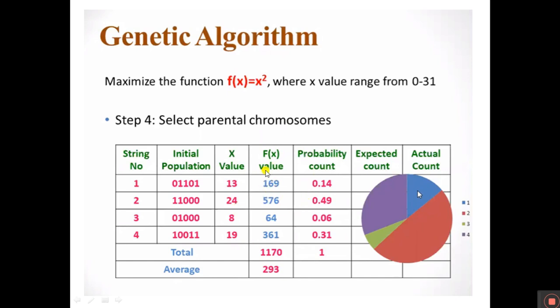So 169 divided by 1170, I am getting 0.14. 576 divided by 1170, I am getting 0.49. Similarly, 64 by 1170 and 361 by 1170. This is the probability count. If I add all the values, I get 1.